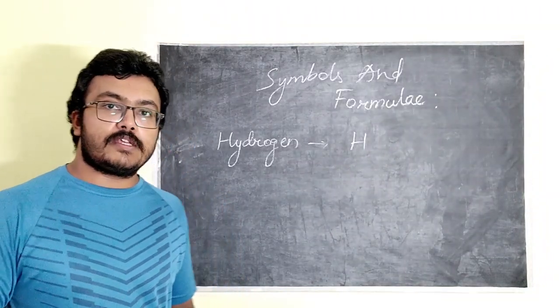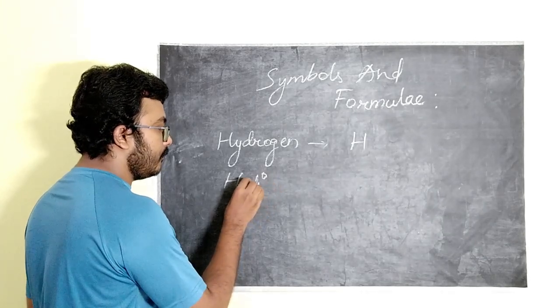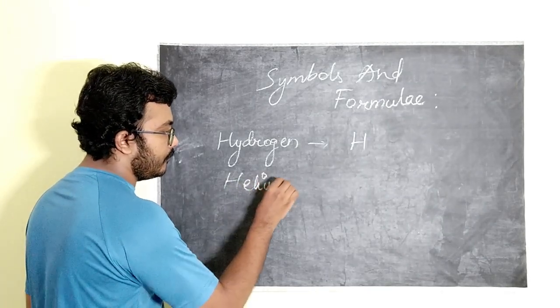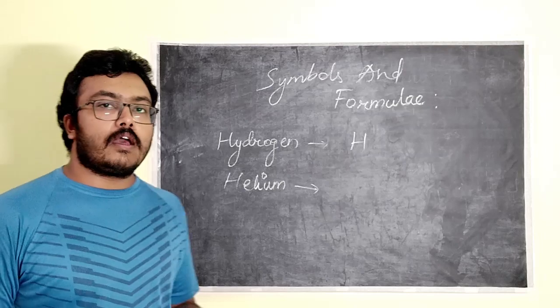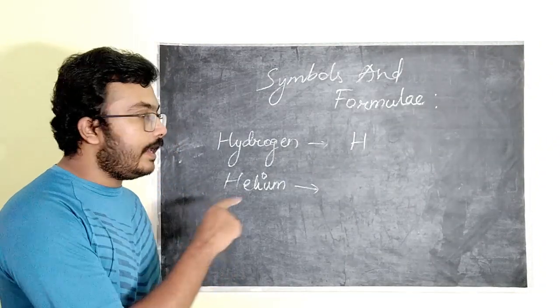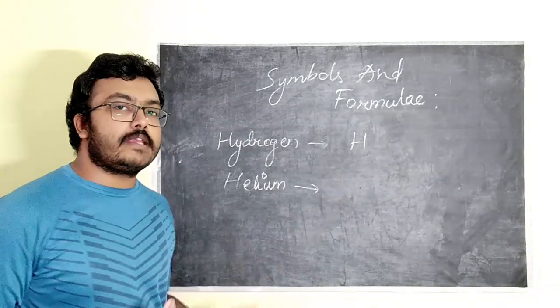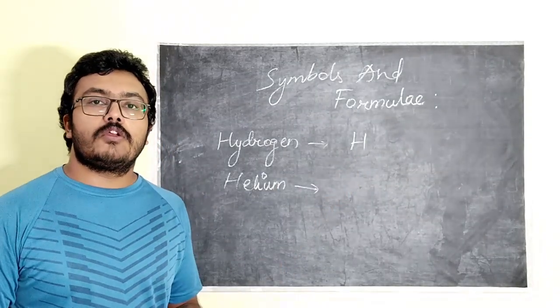Next, when we take helium as an example, now if I ask you what will be the symbol of helium, if you say H, H is the wrong answer, because H has been already taken by hydrogen.